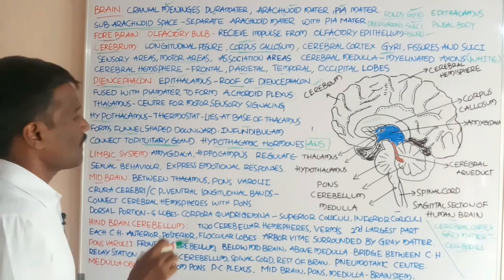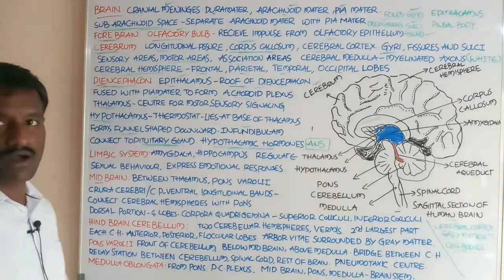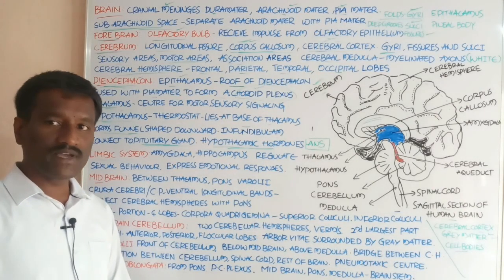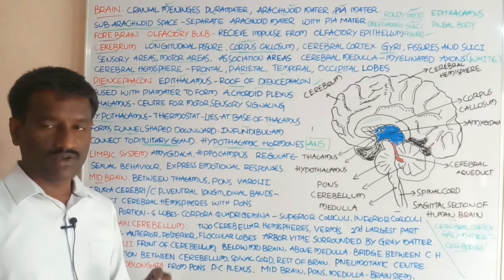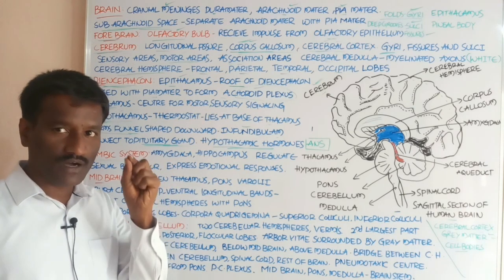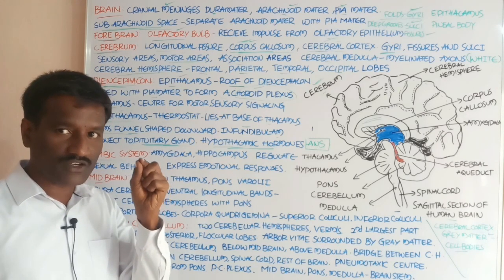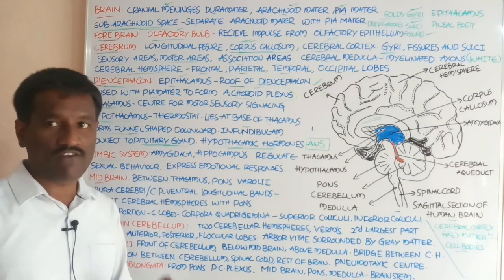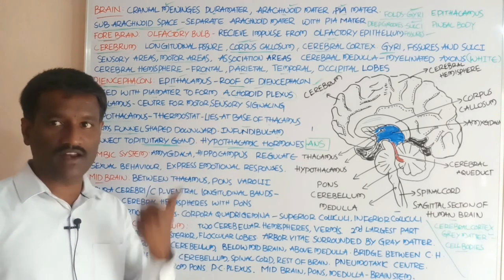Next, another one, the limbic system. What about the limbic system? These are deep structures. If you observe the cerebral hemisphere, it shows deep cavity-like arrangements.